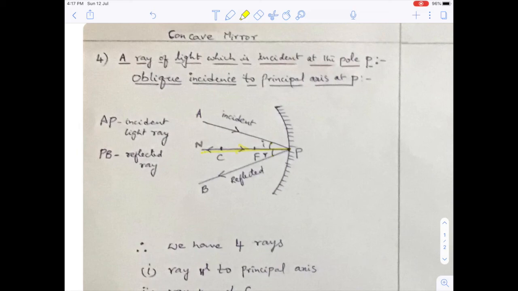Now our condition is a ray of light which is incident at the pole P, but it is along C in this direction. Even though this is an incident light, because it is passing through C, it becomes the normal. Therefore, angle of incidence I becomes 0, angle of reflection R becomes 0, and it retraces its path. So the same ray is reflected. Same is incident, same is reflected.